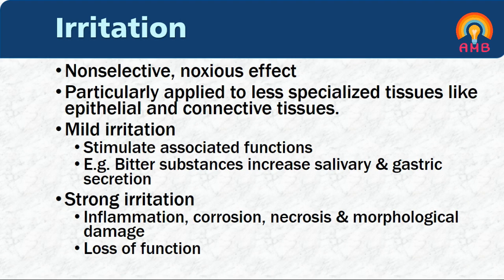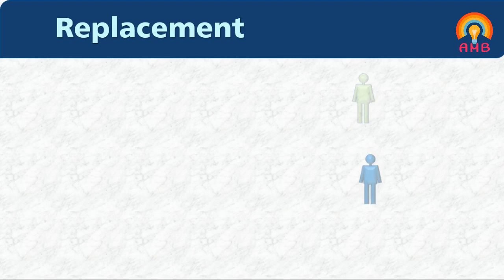Next principal drug action is replacement. Many times there is a defect in individuals, and the endogenously released substances which are normally produced in the body are now not produced in the body of that individual. So there is deficiency of such endogenous substances like hormones or neurotransmitters.